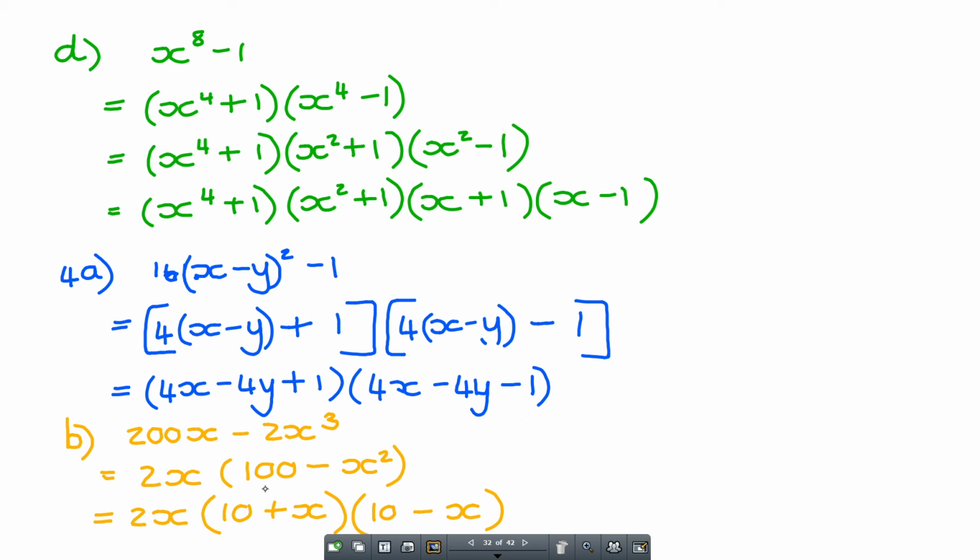Okay, so then I get 100 minus x squared. Now that is 2 terms. There's a minus in between, and I can get square root of 100. That gives me 10. And then square root of x squared will just be x. Any questions? No.